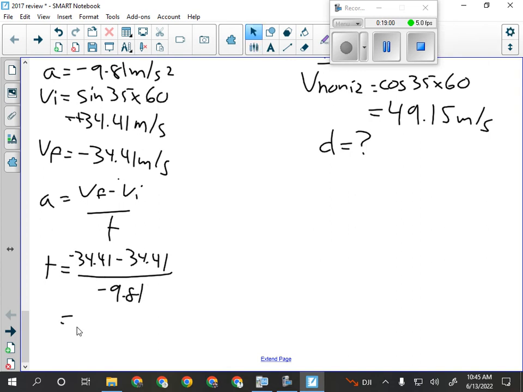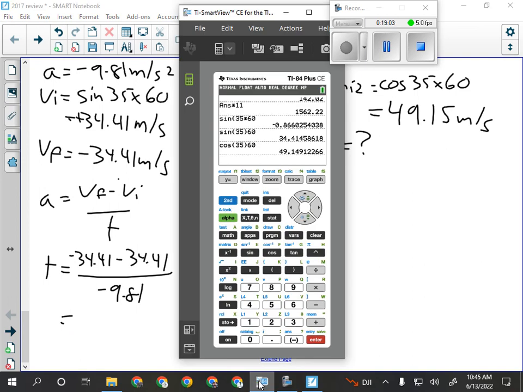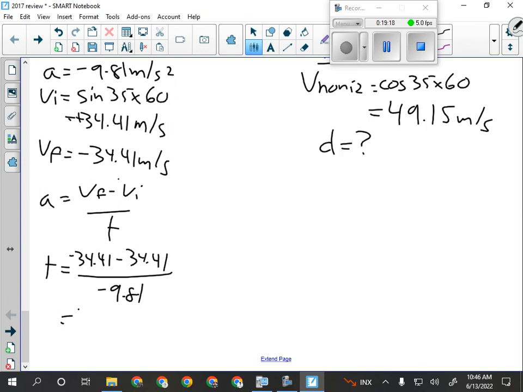So in actual fact, all I need to do is take this number and multiply it by 2 and then divide by 9.81. All right, so this thing is going to be in the air for 7.02 seconds. That I can bring over here, 7.02 seconds.